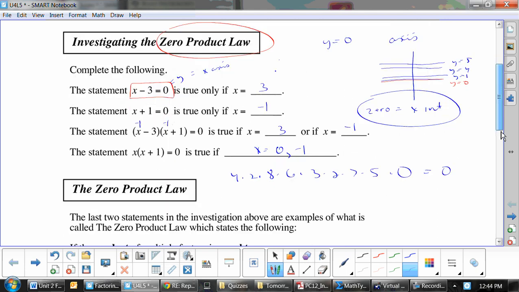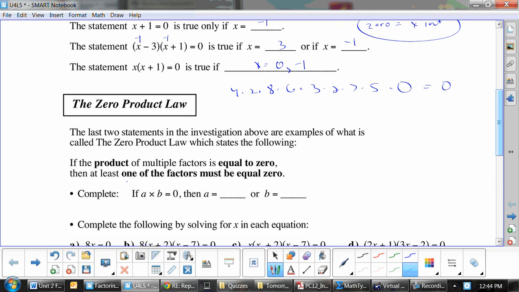So basically, this is the zero product law. If a times b equals 0, then a must equal 0 or b equals 0. Or both, actually. Both could equal 0. Sometimes that happens. X plus 1 times x plus 1, right? Negative 1 would make them both 0. That can happen.